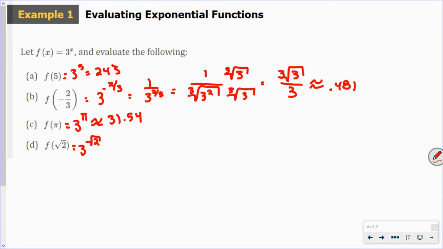We could kind of play with this one a little bit, but we'll just put this one in the calculator. So 3 to the radical 2 is 6.705. Okay, so be ready to work with those exponential numbers.